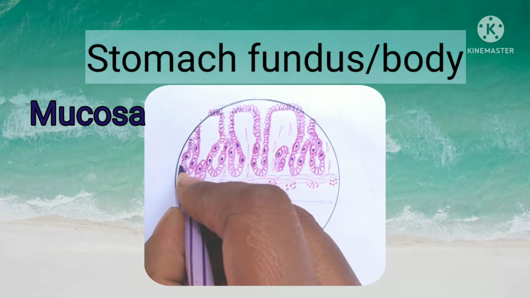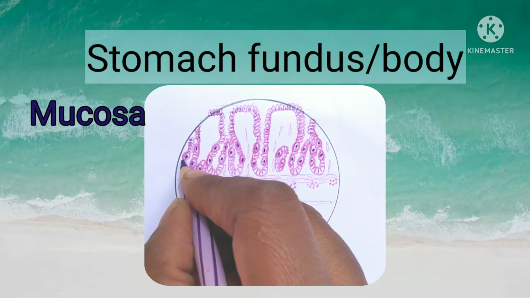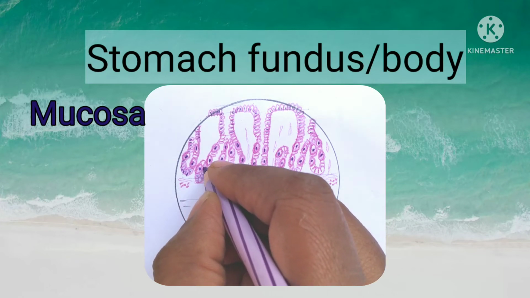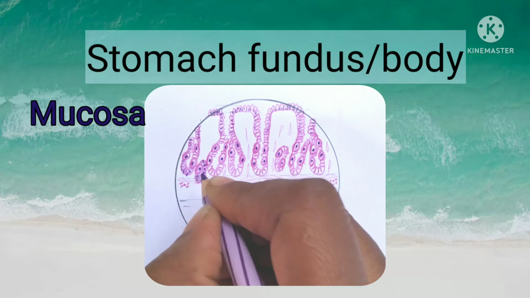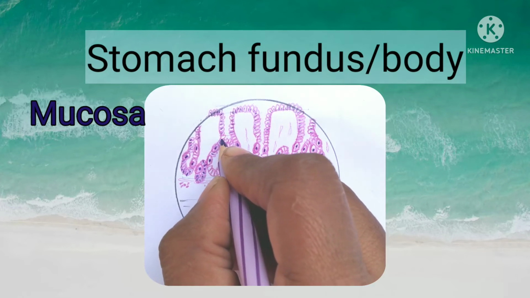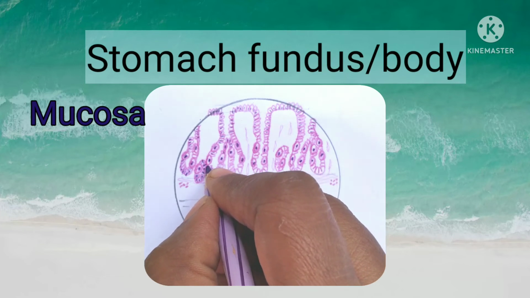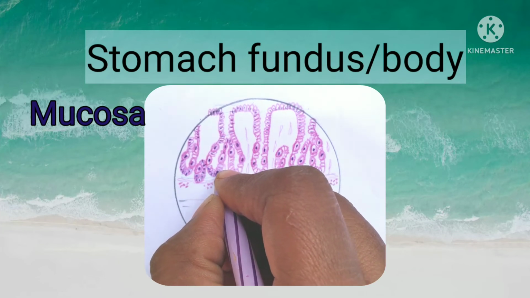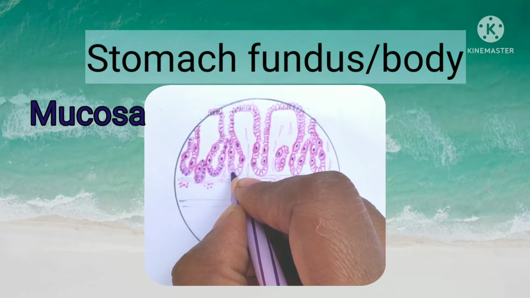And in the lamina propria, make sure you shade the background and draw some lymphocytes. You can also draw some lymphatic aggregates. So the epithelium with the pit and the gastric glands, and the lamina propria underneath that, which also contains the lymphatic nodules, lacteals, the small blood vessels and all. Then the muscularis mucosae. All these three constitute the mucosa.